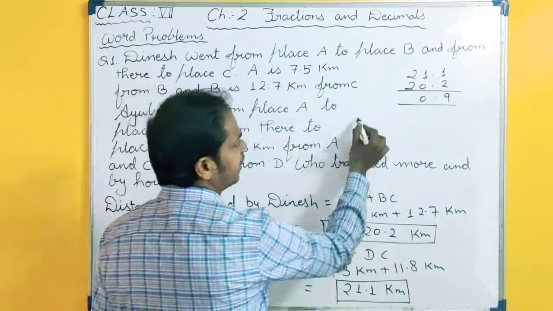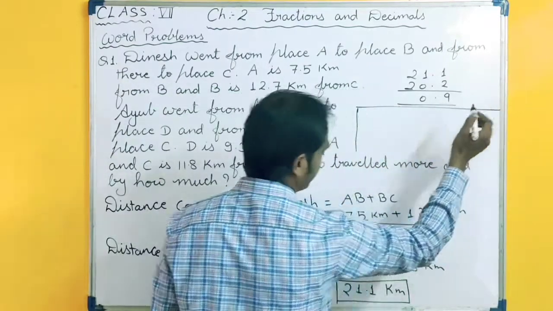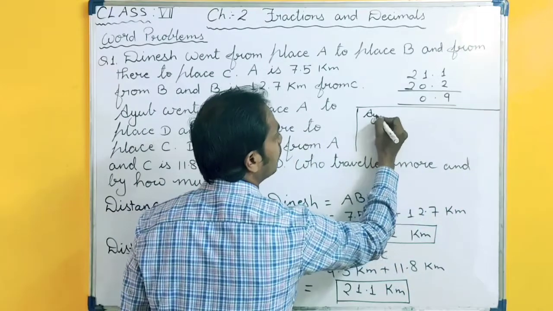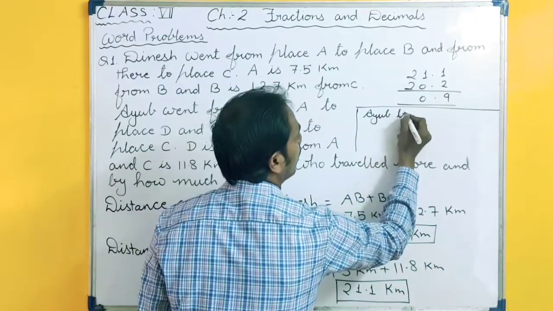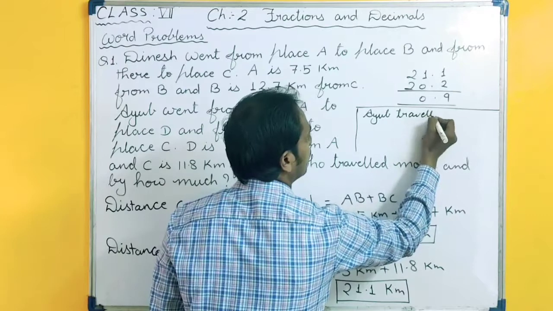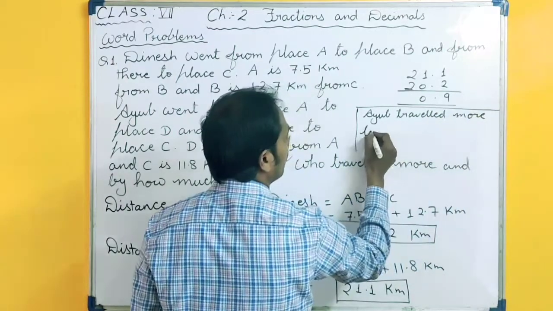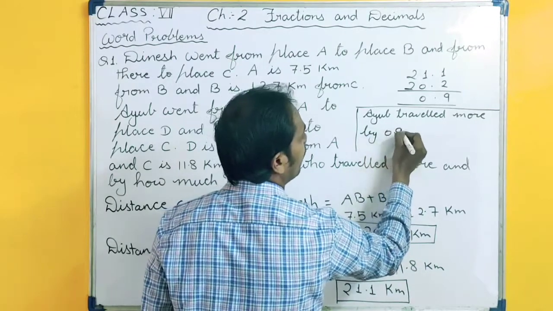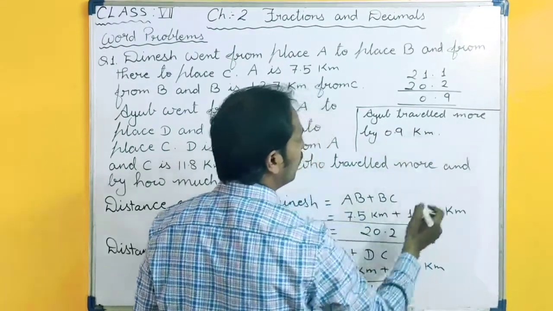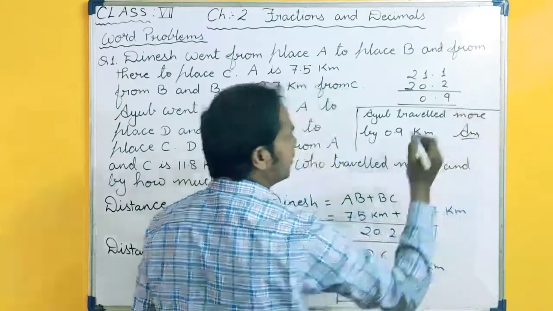Okay, so the final statement you will write: Ayub travelled more by 0.9 kilometer. This is your final statement.